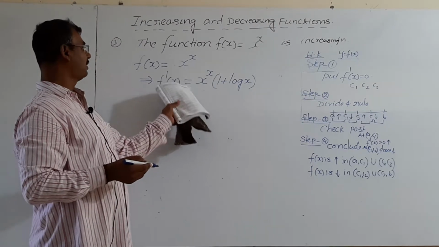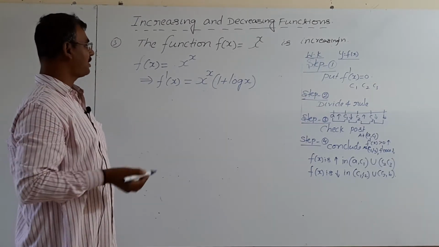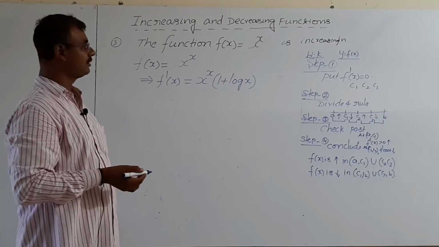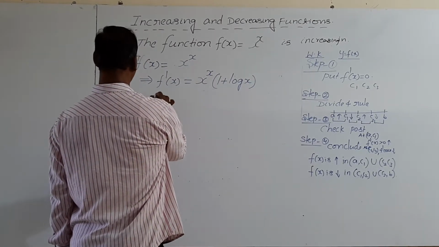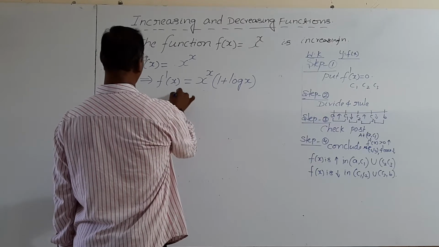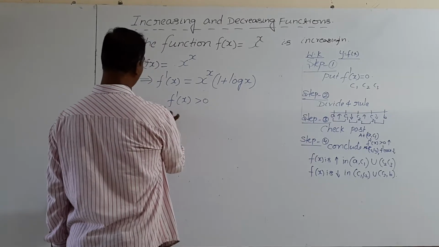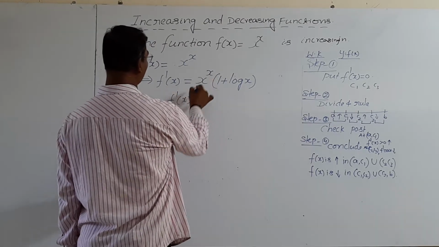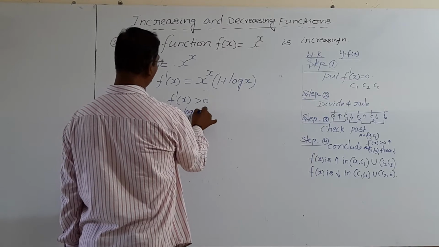For f of x, here the x raised to x derivative is x raised to x into 1 plus log x. Here simply what is it asking? Increasing. Increasing means here simply f dash of x greater than 0. That means, since x raised to x is not equal to 0, 1 plus log x greater than 0.